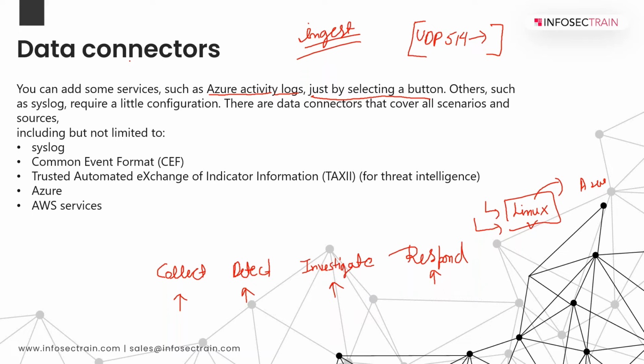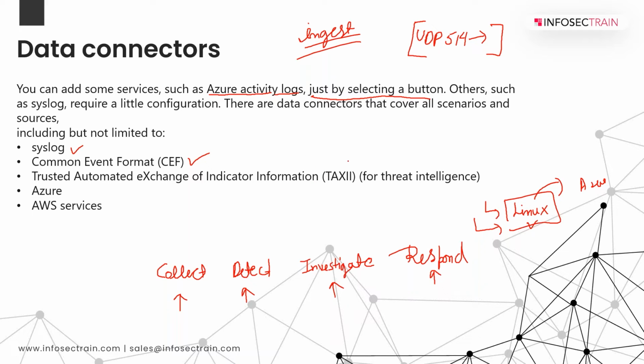Even from Microsoft 365 Defender. Different options are available depending on the kind of environment, machines, or appliances you have and where you want to collect from. You will be collecting the data in formats like syslog, and you will be talking about CEF.